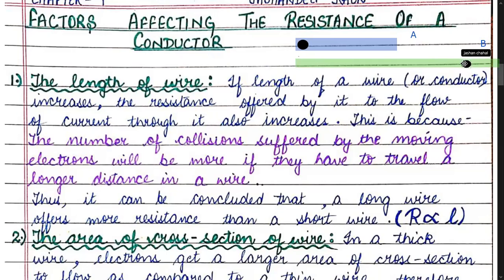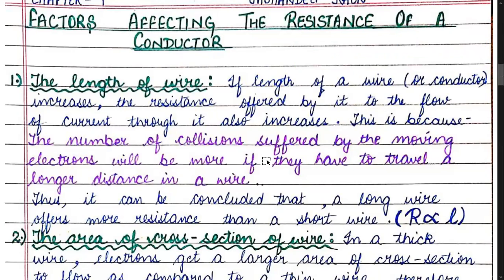But now it has to travel a distance of 2 meters. And there will be more positive ions in this case, such that the electron will be colliding with more particles. It will be suffering more collisions. If number of collisions are more, the resistance offered is also more.